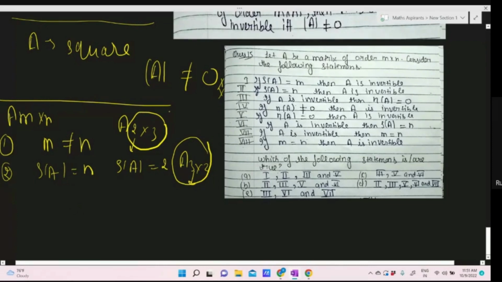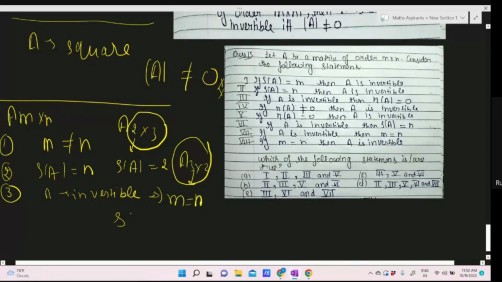Now option number third says that if A is invertible, then nullity of A is 0. Given that A is invertible, if the matrix A is invertible, then the matrix must be square. Therefore, this implies m must be equal to n.